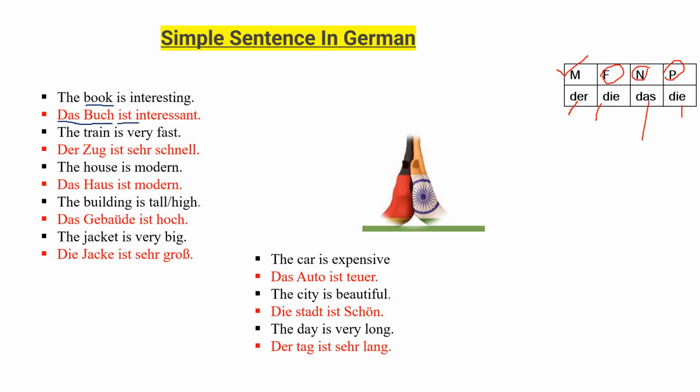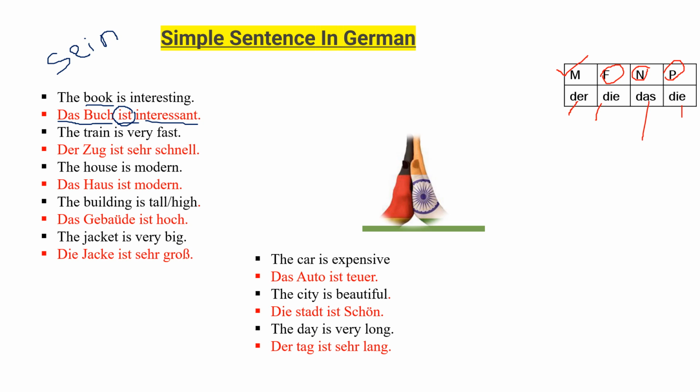This ist is the conjugation form of sein. If you remember, in the previous lecture I discussed that the conjugation form of sein is ist, right? So, Das Buch ist interessant. The vocabulary you learn from this is that the German word for interesting is interessant.